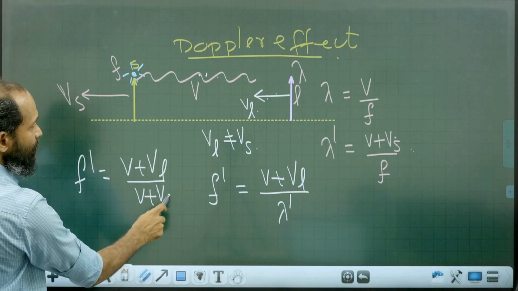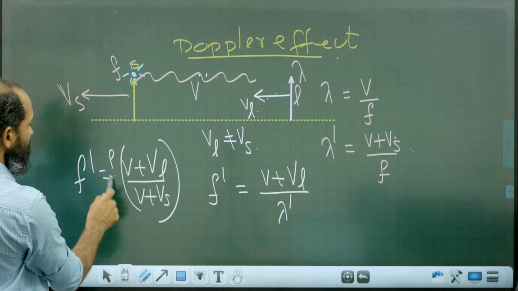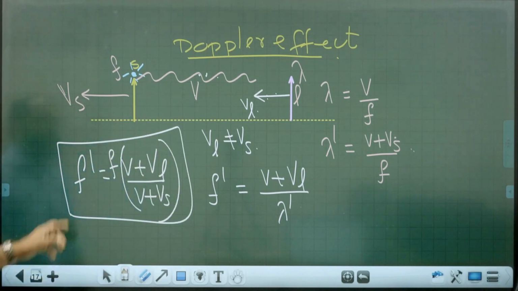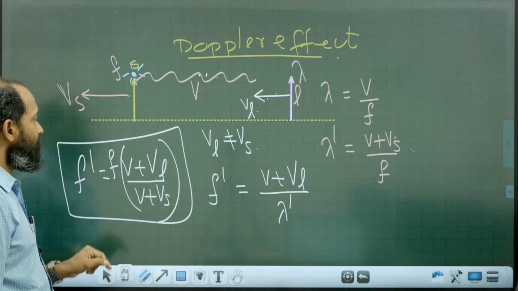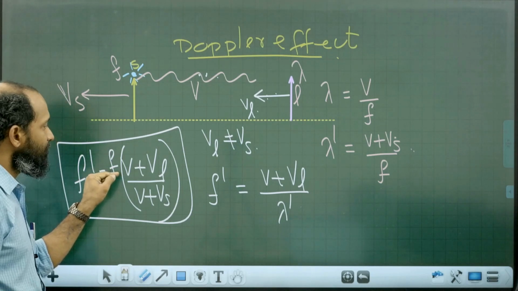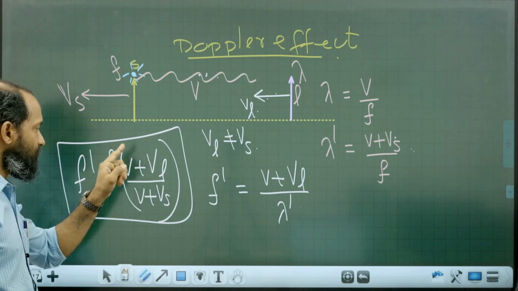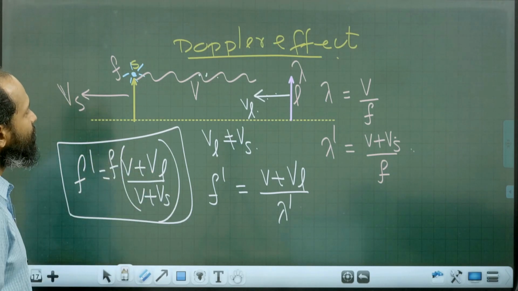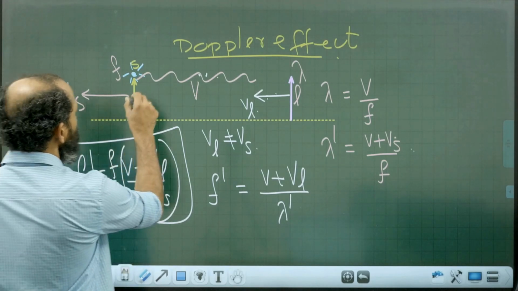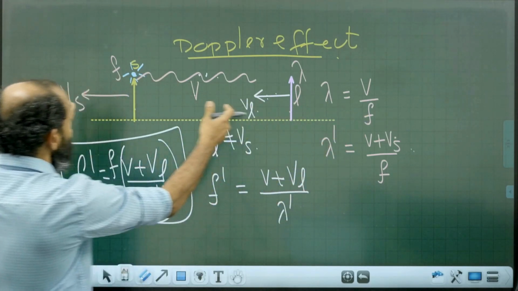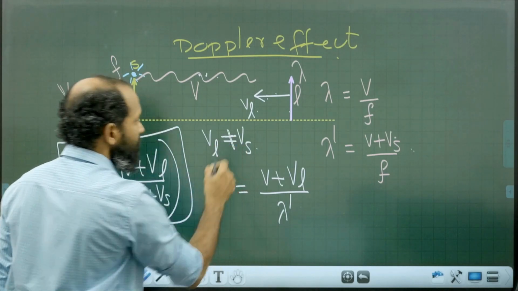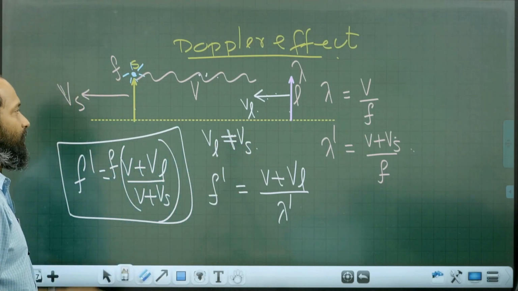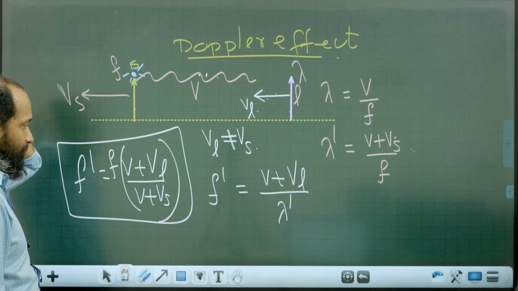Lambda dash is V plus Vs by f. Here f dash is the heard frequency, f is the original, V is the speed of sound, VL is the listener velocity, Vs is the source velocity. This formula should be used when source and listener are moving in the same direction with dissimilar speeds along the same straight line, the one-dimensional Doppler effect.